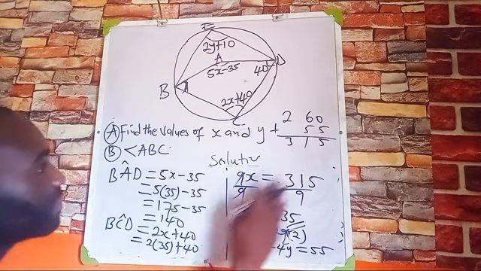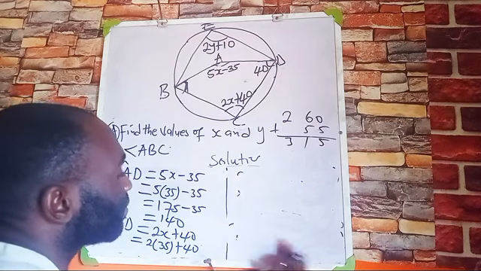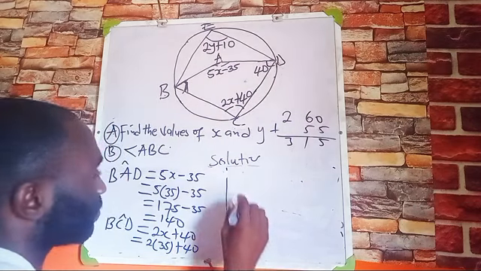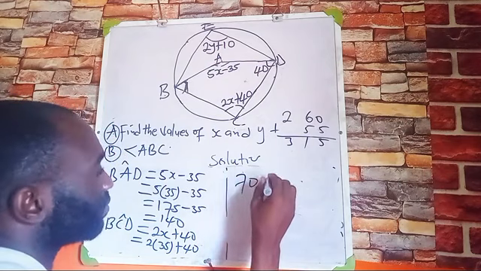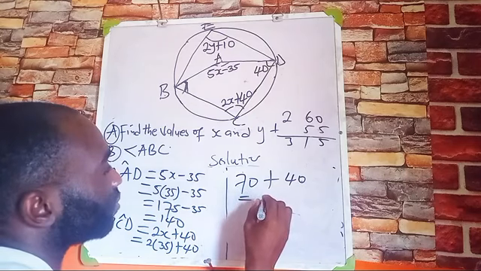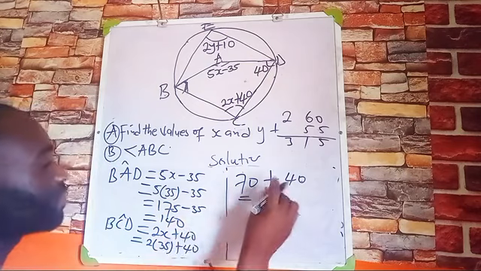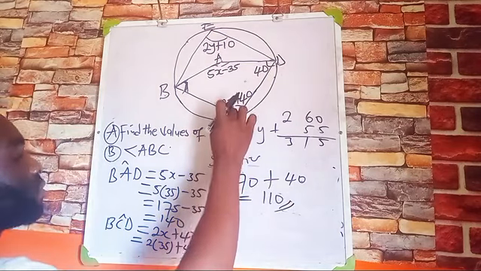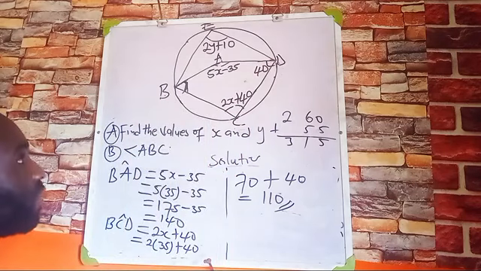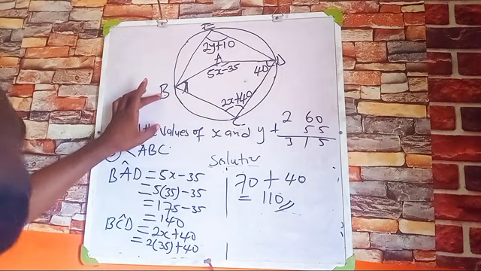So 2 times 35 is 70. 70 plus 40 gives us 110. So this angle is 110.